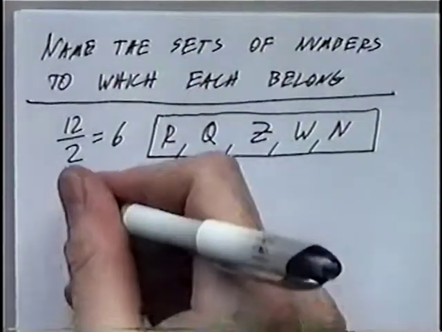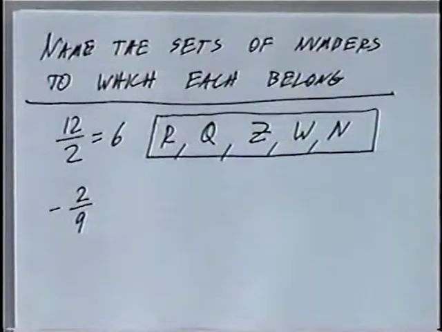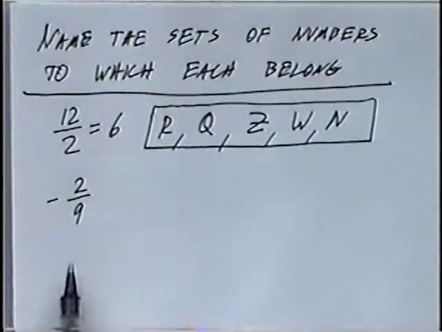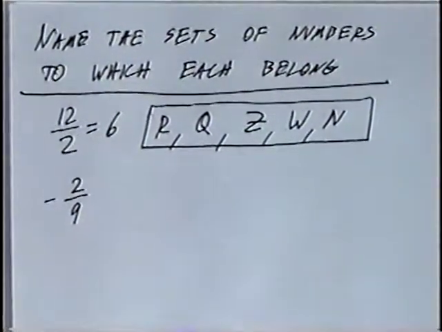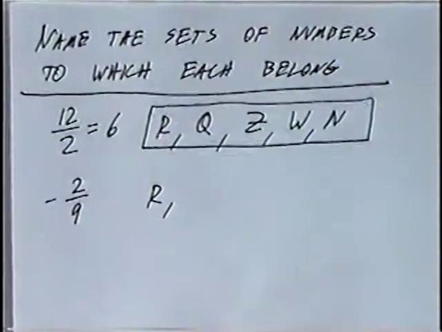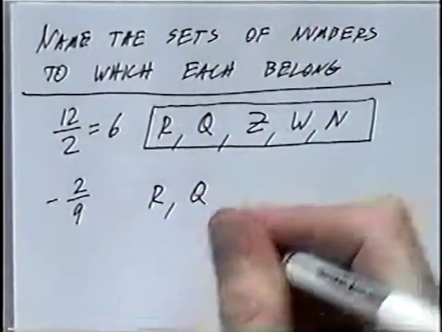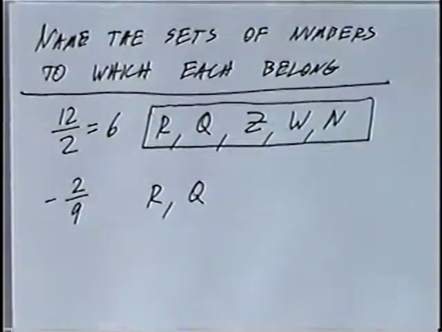Second number we'll look at is the fraction -2 over 9. Again, we'll take this number, go through all 6 sets of numbers, and see which it belongs to. It is a real number. -2 over 9 is also rational because it is a fraction, could be positive or negative.